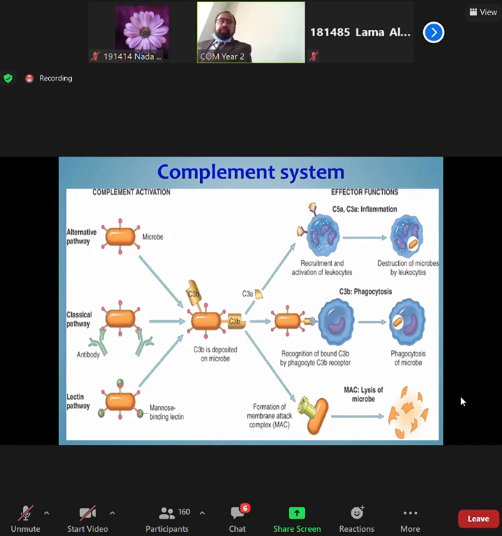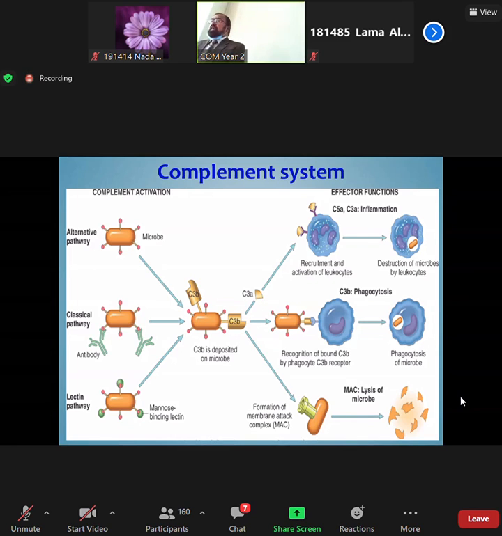So there are three pathways. They actually form this C3 molecule, and this is then converted into C3a and C3b. C3b, if it is not going to attach with C5 to convert into C5a or C5b, when it attaches to the microorganism, acts as opsonin. It's a strong opsonin, and you know what is opsonization.